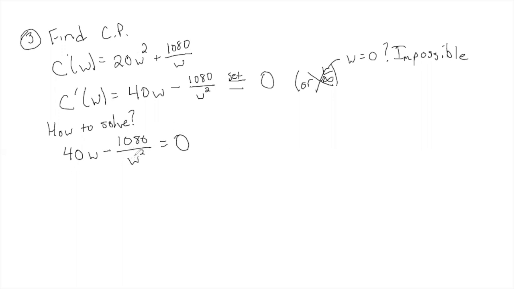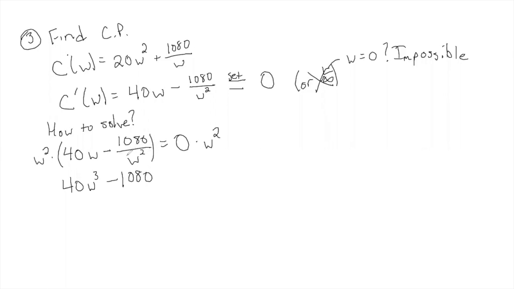I hate this fraction. I really don't like it at all, and I want to get rid of it. Okay, I can do this. Just multiply both sides by W squared. As long as I do to both sides what I want to do, it's legal. I have an equation, so why not? I have 40W cubed minus 1080, and I've essentially cleared the fraction, right?